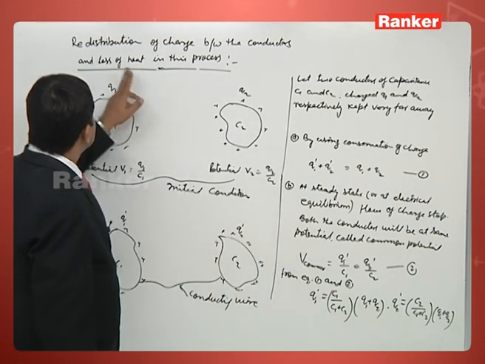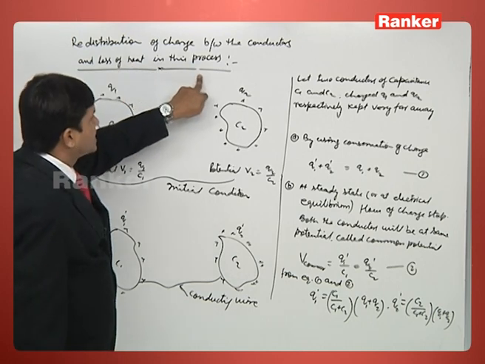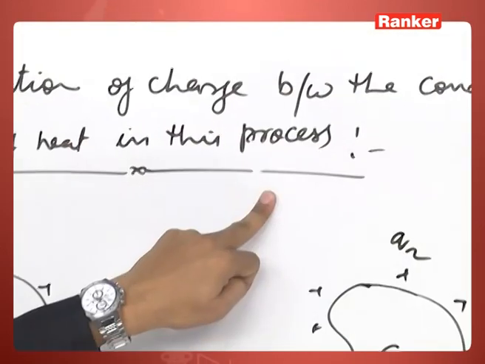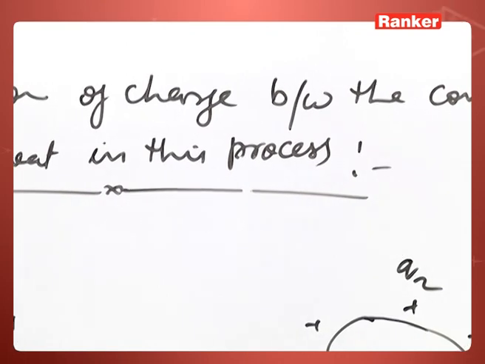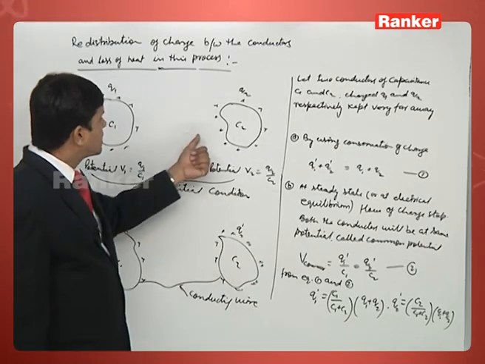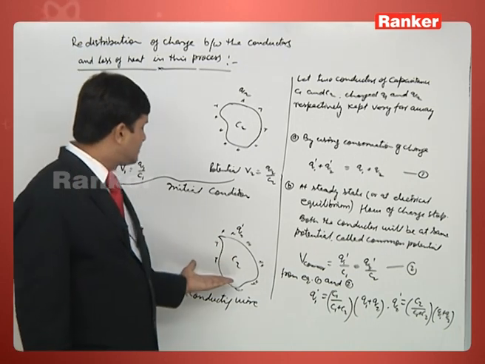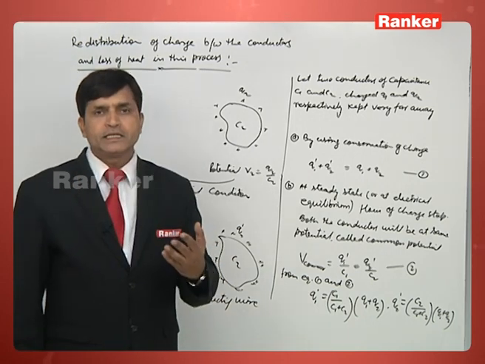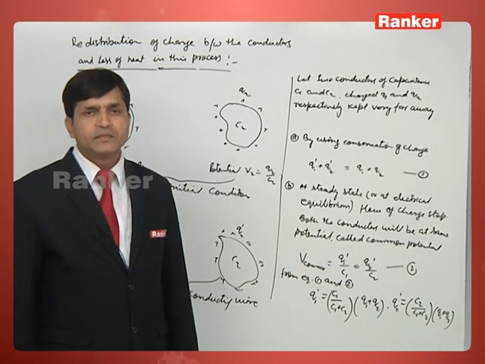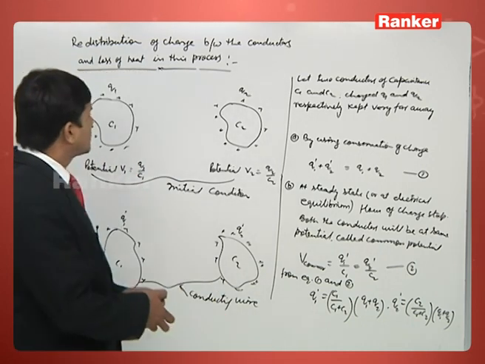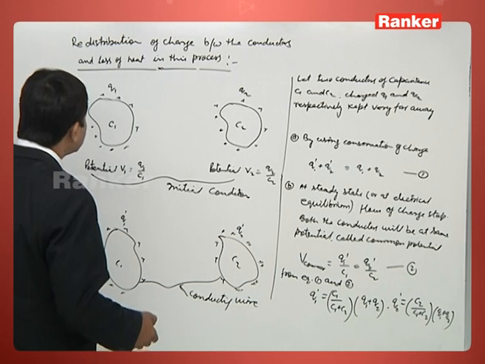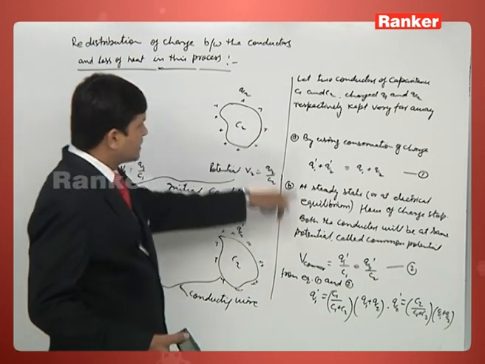Second point, loss of heat in this process. If there is a difference in the energy in these two conductors before and after connecting with the wire, then we will say that difference of energy is the loss of energy. So first, by energy conservation, these two we can note down.